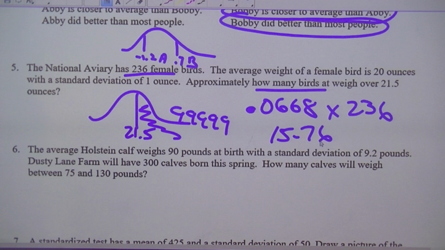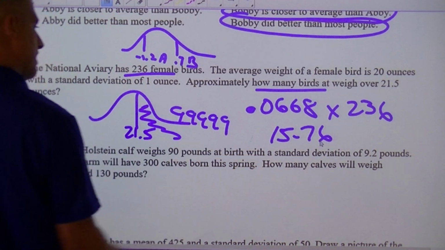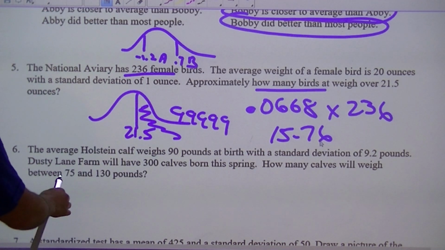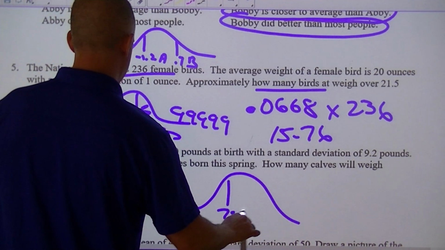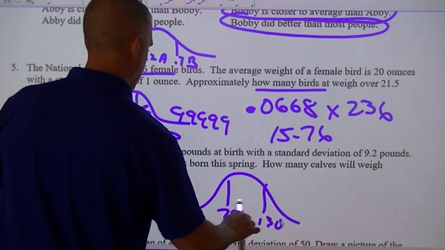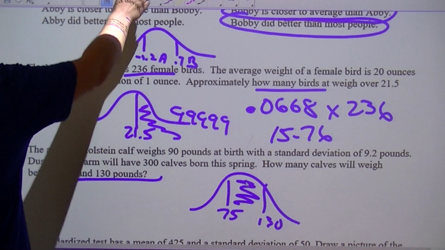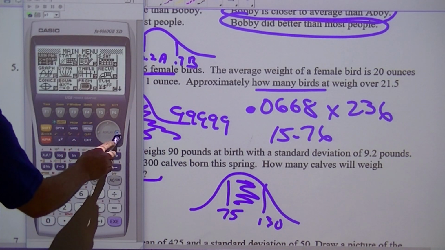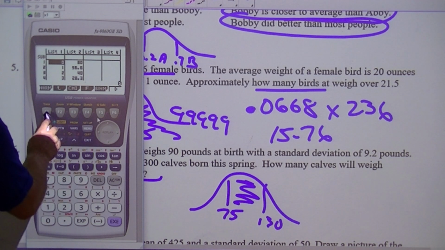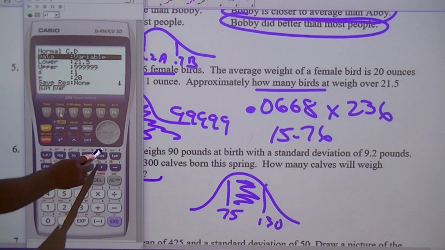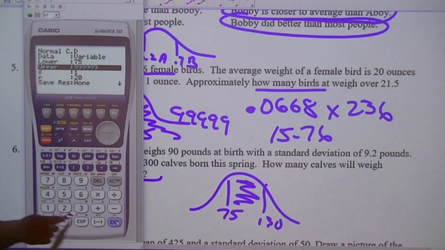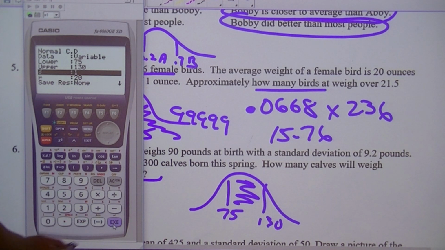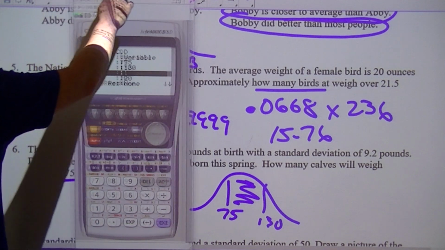Okay, the average calf weighs 90 pounds at birth, standard deviation 9.2, between 75 and 130. All right, so I would go 75 being the lower, 130 being the upper.